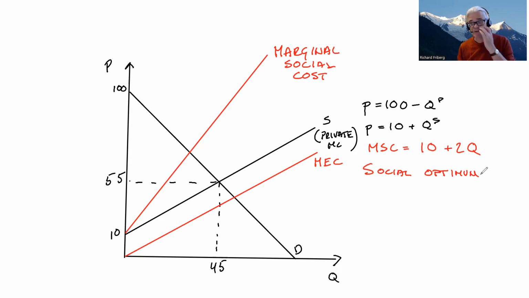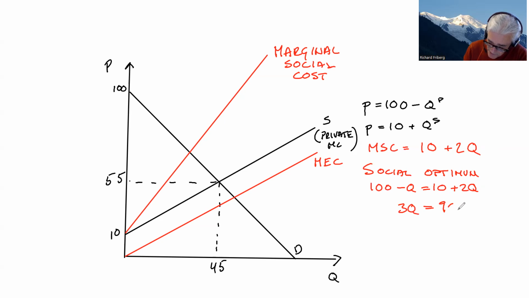Well, demand equals supply, but where supply is taking account of the total marginal costs that are accruing to society. So 100 minus Q equals 10 plus 2Q, social cost. So again, solving for Q here, 3Q equals 90, Q star equals 90 over 3, so 30.